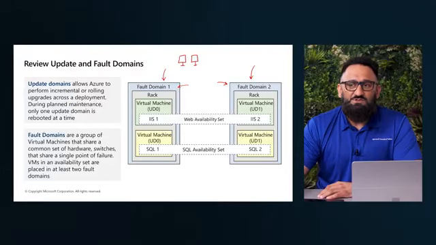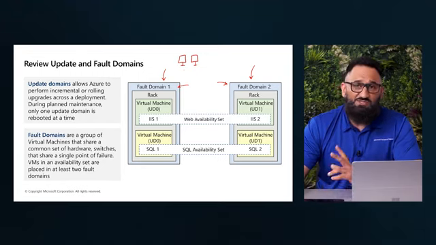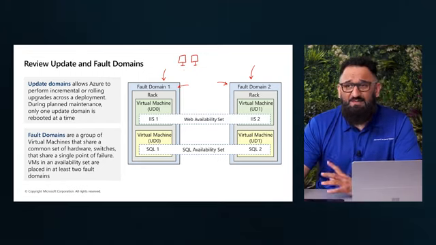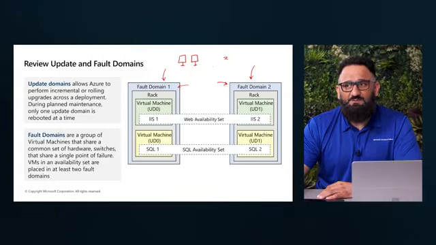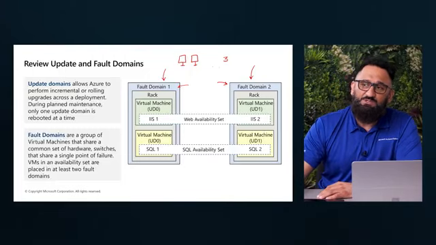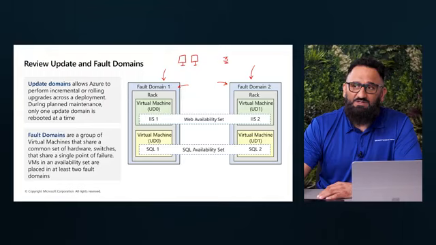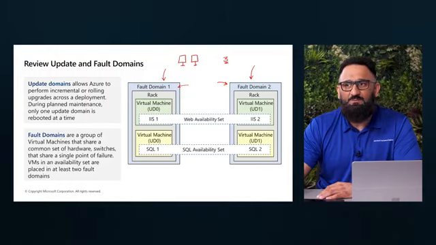Now, if I was to create a resource, for my example a virtual machine, all I'll need to do is create them on at least two different fault domains. Typically, Azure offers up to 3 fault domains that I can place these resources onto. However, we are placing just 2 for now in this example. So I'll place one of them in fault domain 1, and the other in fault domain 2.